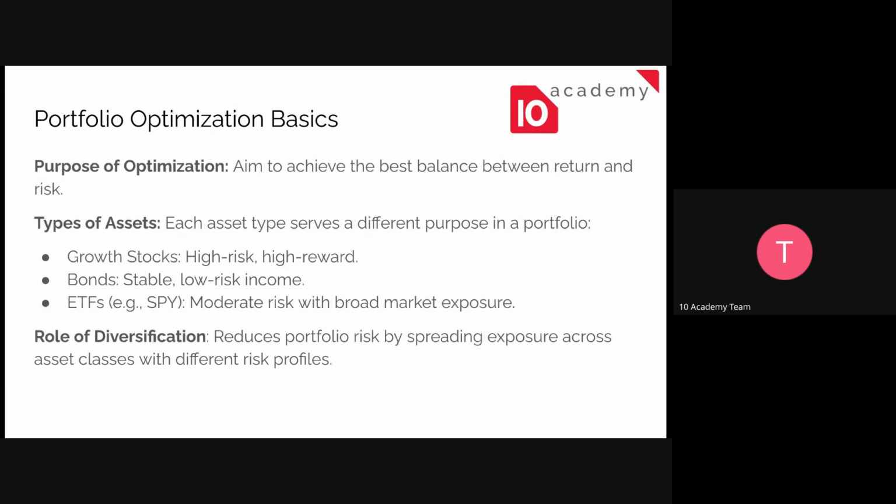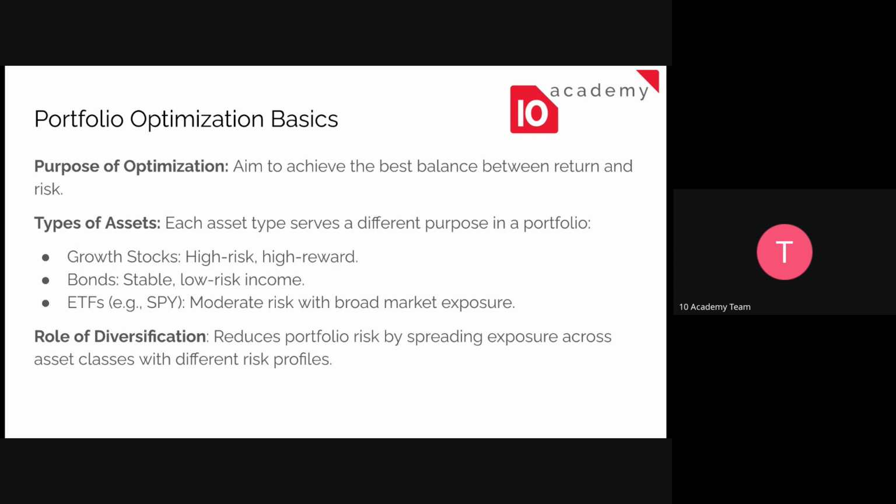So they are really stable and have very low risk, but of course very low income as well, or low reward. And we have ETFs, which are moderate risk, but with a more moderate return.